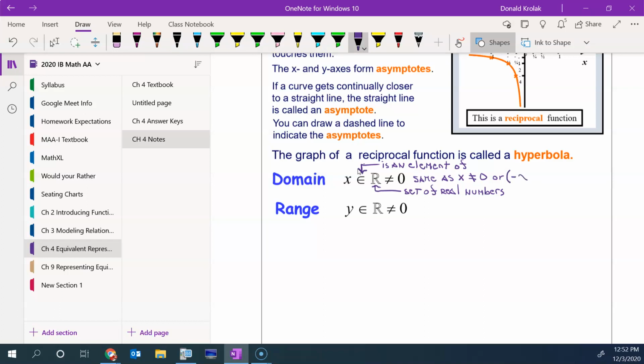In set notation, that looks like this. It's like saying a word in different languages. They all mean the same thing. They just sound and look different. Okay? So this notation, or this notation are all the same thing.